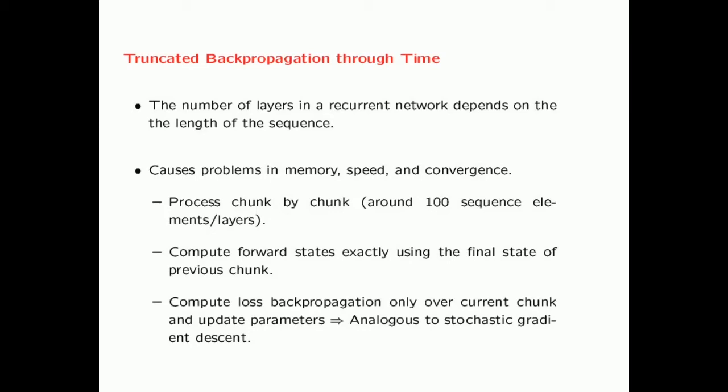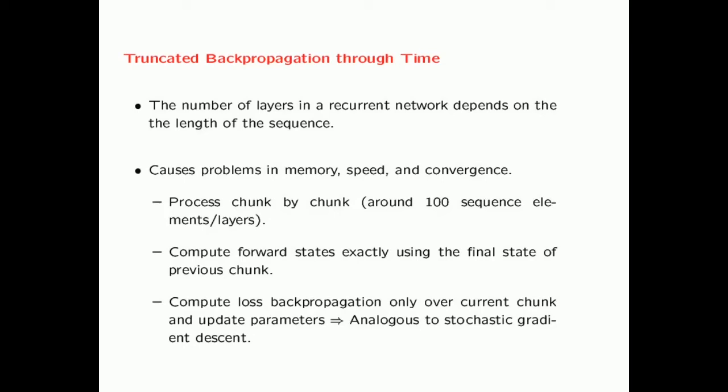Now, one challenge with backpropagation through time is that the number of layers in the recurrent network depends on the length of the sequence. And in many applications, for example a weblog application or a recommender system application, the number of layers can increase very significantly.